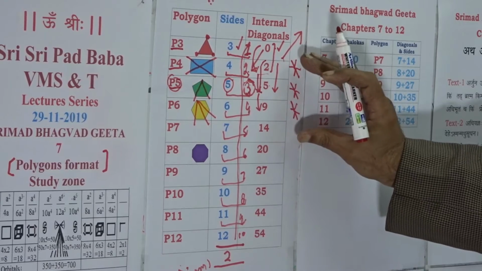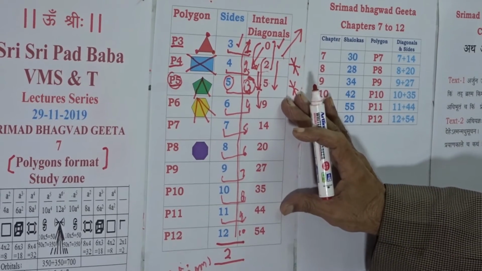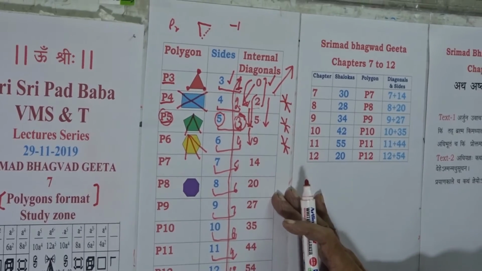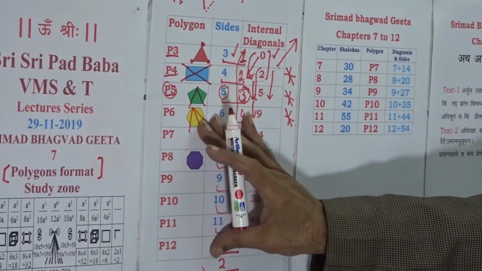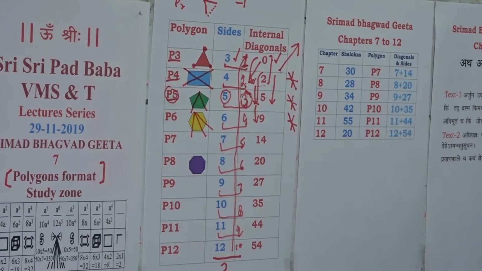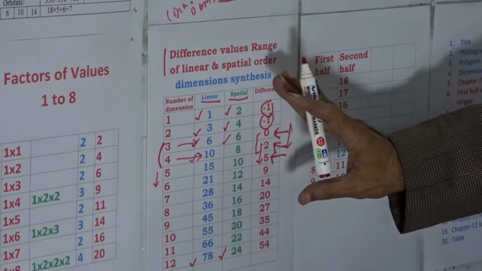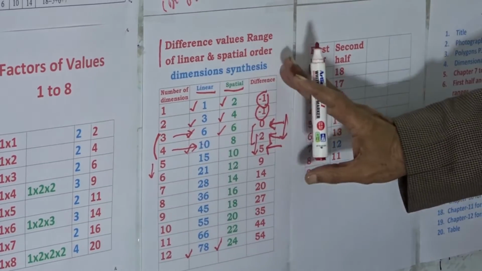It is this parallel sequential increase in case of internal diagonals of the polygons and in case of the difference values of linear and spatial dimension synthesis for the linear and spatial dimensions.